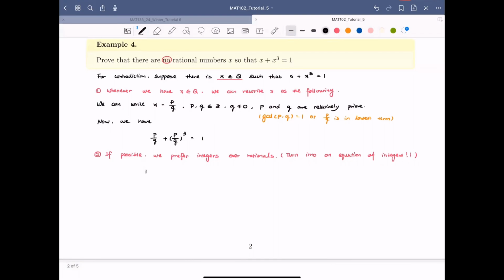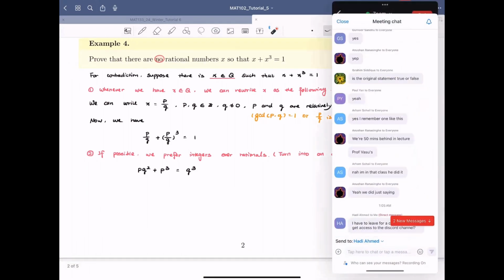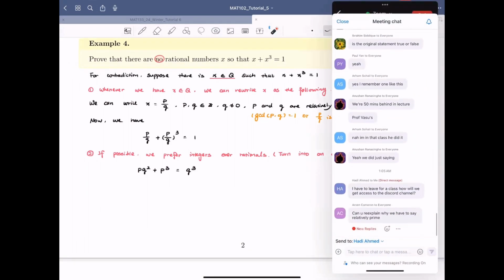That's going to give me p q squared plus p cubed equals q cubed. Does this make sense to everyone right now? Why am I doing this? Because we prefer integers over rationals. Question so far? That's the second thing you learn.